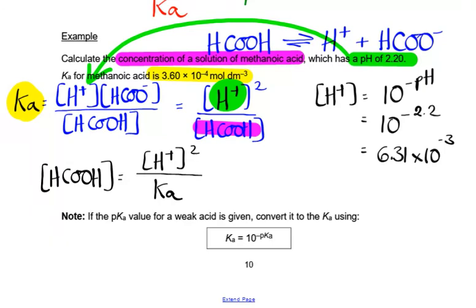So back to our expression. Now that hydrogen ion concentration needs to be squared. And then divided by our Ka, which was 3.6 times 10 to the minus 4.